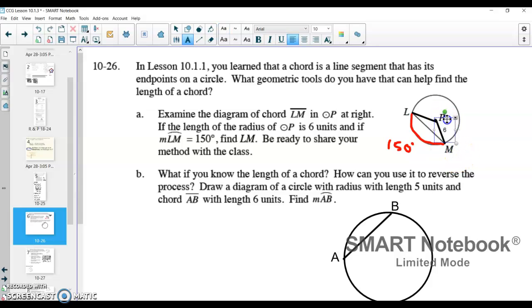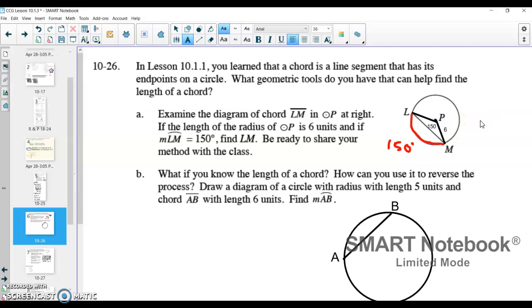So we actually have a decent start here. We know that because my arc measure out here is 150, this central angle in here is going to be 150. I'm going to try to put that in there somewhat small so you can read it. That central angle in there is 150.